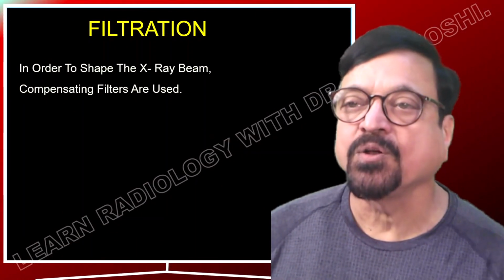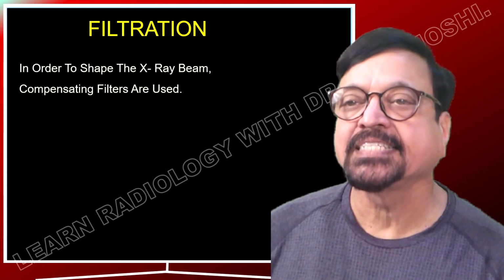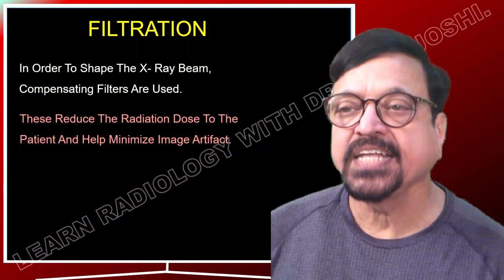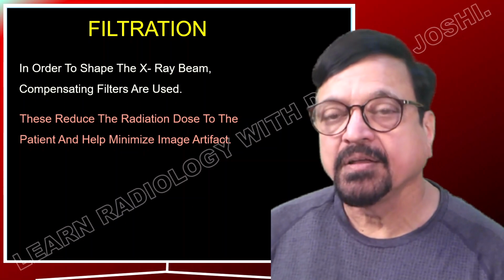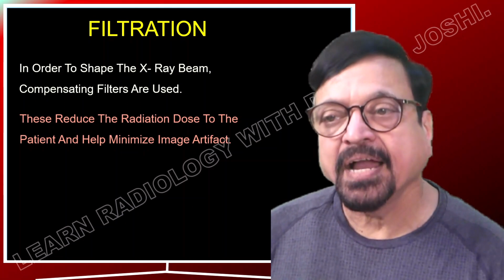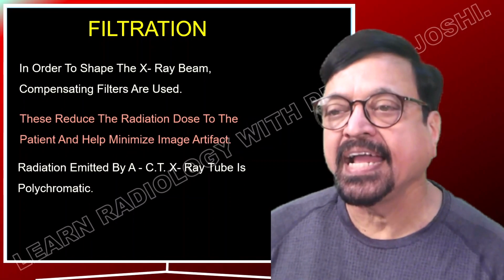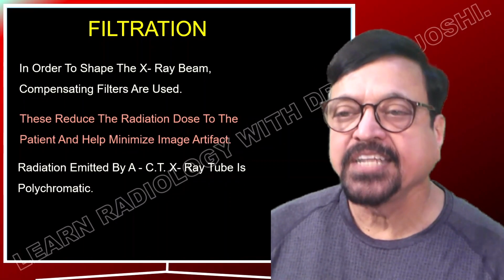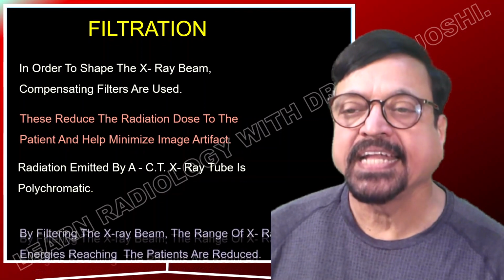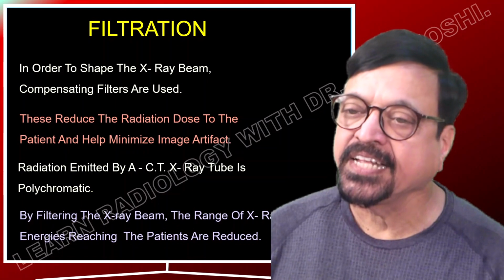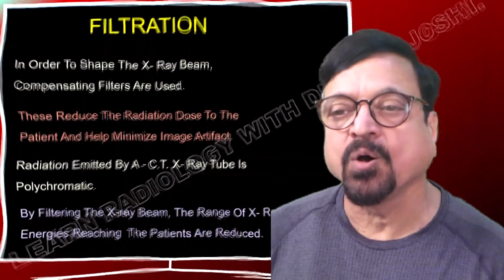Now filtration: in order to shape the X-ray beam, compensating filters are used. These reduce the radiation dose to the patient and minimize image artifacts. Radiation emitted by a CT X-ray tube is polychromatic. By filtering the X-ray beam, the range of X-ray energies reaching the patient is also reduced.